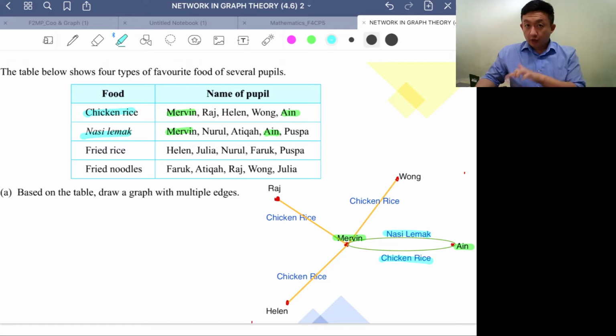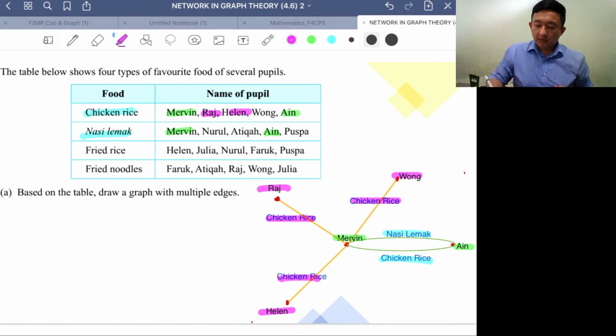This is where you have multiple edges. And then how about the rest? The rest of the students, Raj, Wong, and Helen, they also like to eat chicken rice, but there are no multiple edges over there.